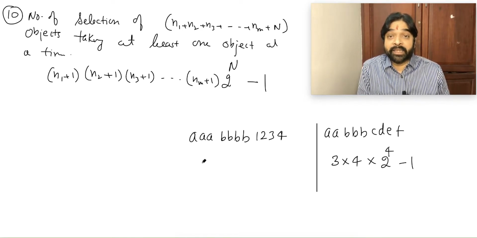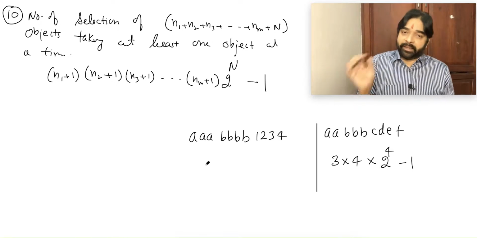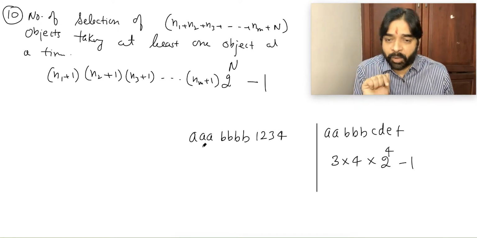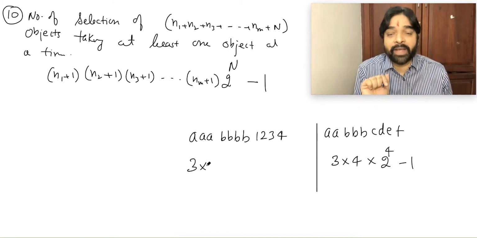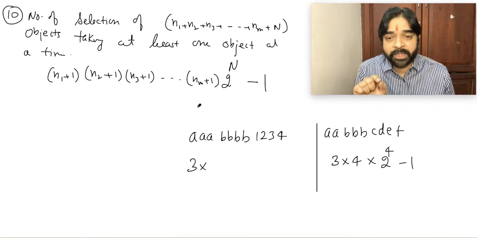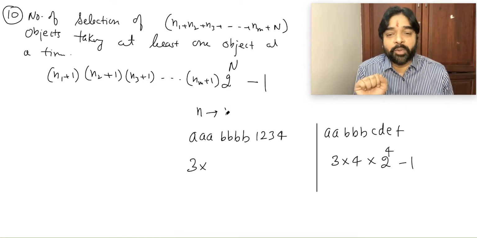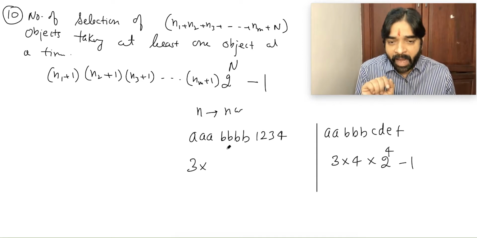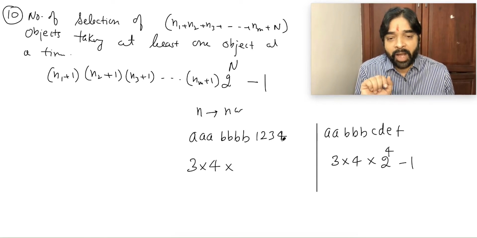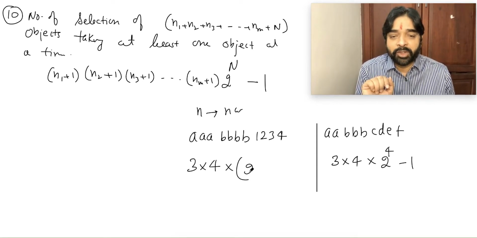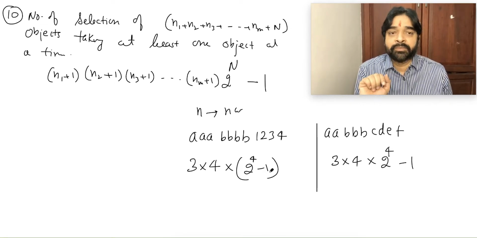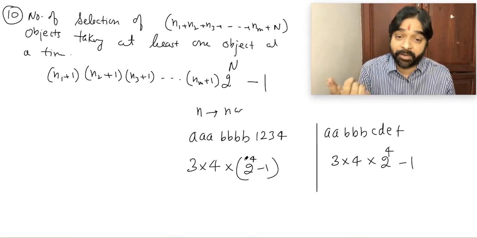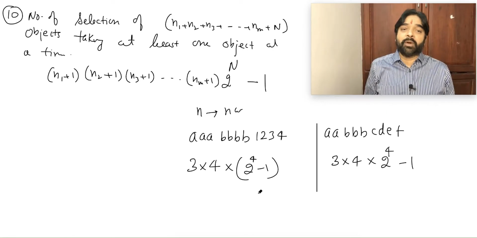They are not saying that at least one character you have to select. You have to select at least 3 characters. So at least one from here, in how many ways? 3 ways. Why? At least one object out of n identical, I told you n ways. Remember all of you? And at least one from here, 4. And at least one from here, 2 power 4 minus 1. Because at least one from n different was 2 power n minus 1.